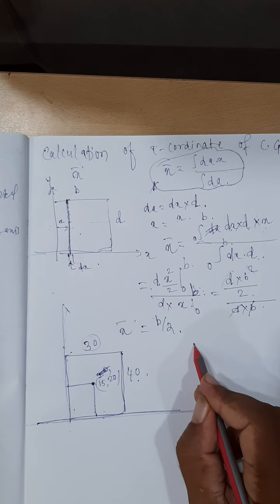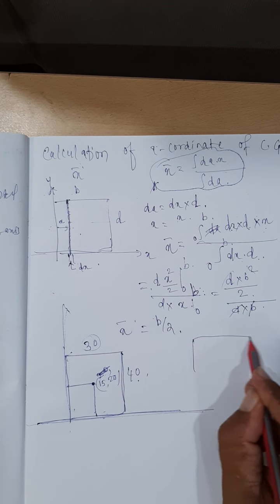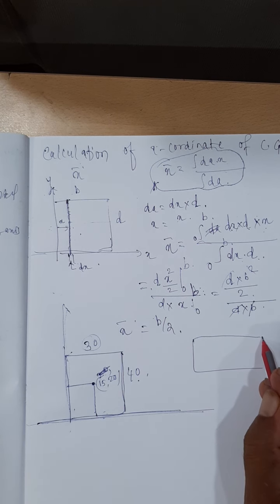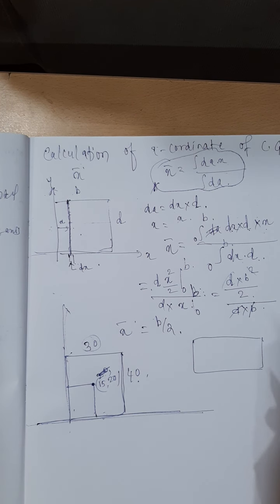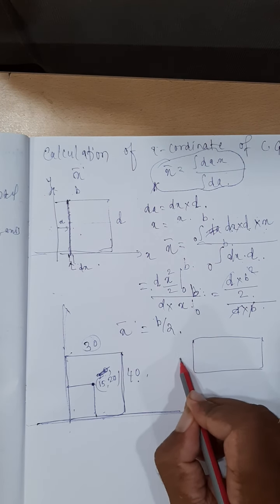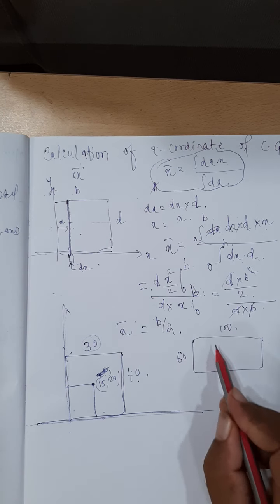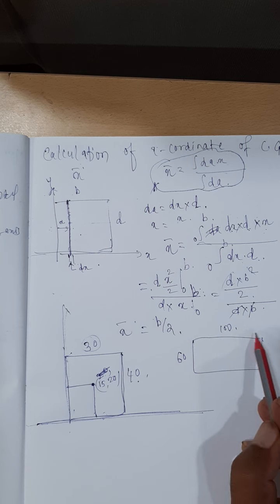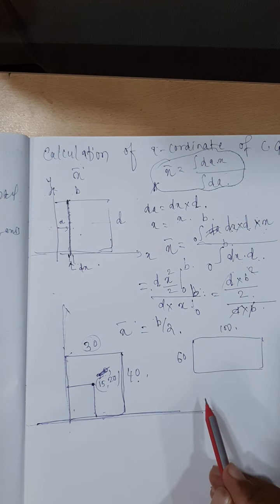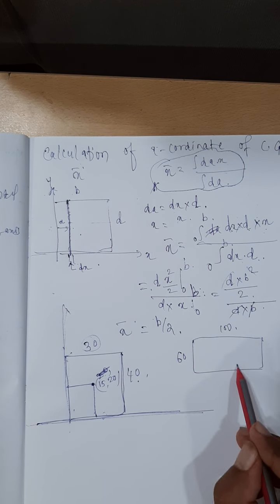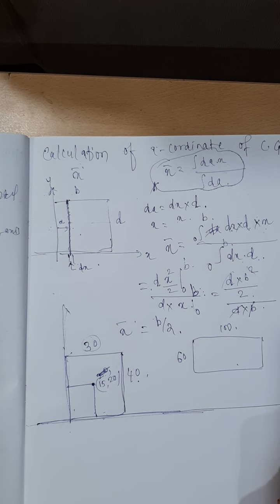For example, a rectangle is given to you, with dimensions say 60 by 100. He is asking you to calculate the location of this rectangle from my reference axis. He is saying the reference axis is something like this.